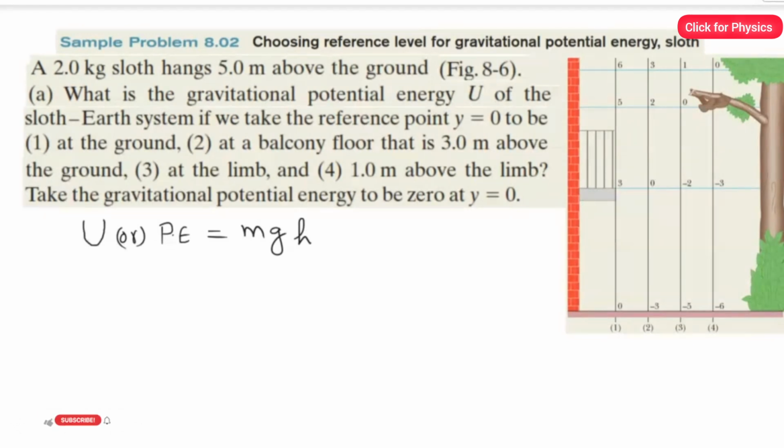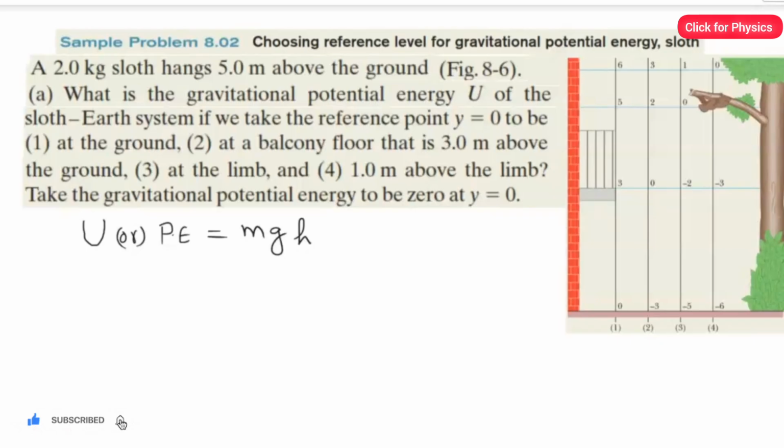So for the first question, we have to consider what should be the gravitational potential energy for the sloth Earth system, and your reference should be at ground. So our reference here is 0. From 0, which point your sloth is exactly hanging on the branch, which is exactly at the point of 5. So you can see the reference point with respect to the ground is 0 and the sloth is exactly at 5 meters.